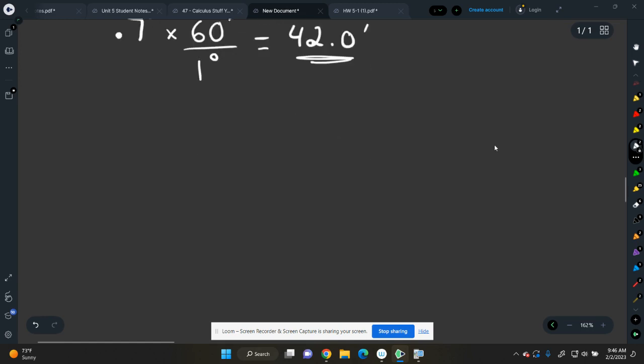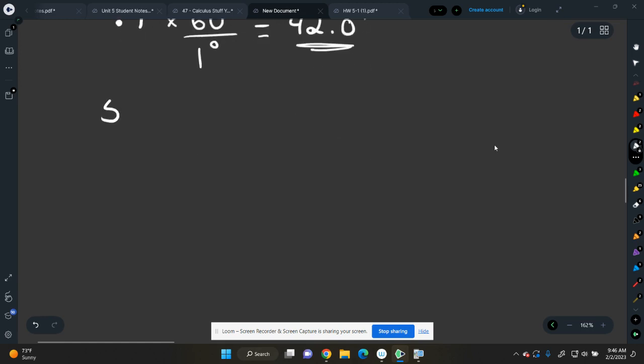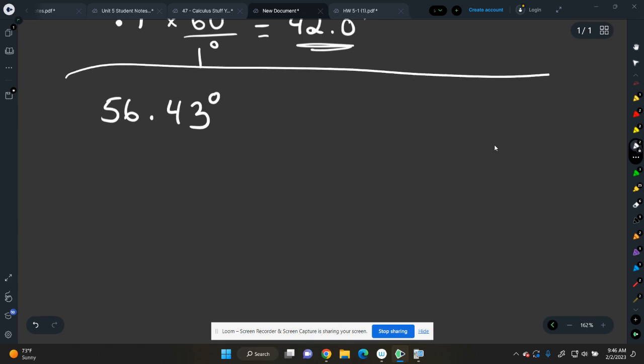So here's another example. Let's do 56.43 degrees. And we're going to convert this to DMS. Now the 56 degrees, that's fine. That's no problem at all. It's the 0.43 that's the problem.